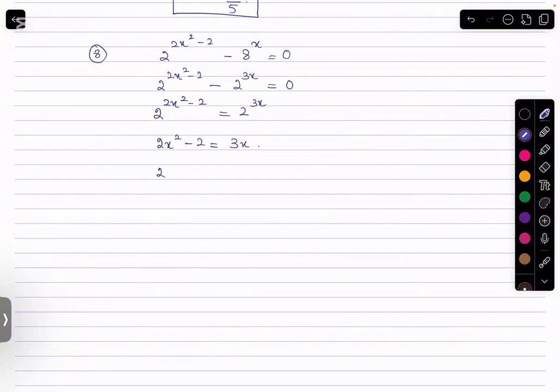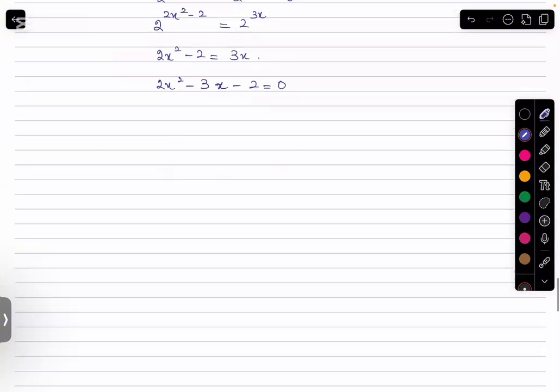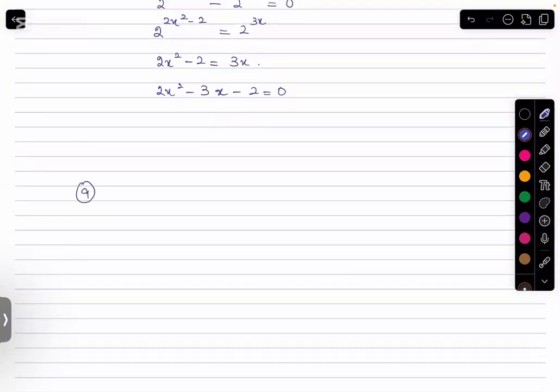Solve and give me the answer. The answers are x is equal to 2 or x is equal to minus 1 upon 2.